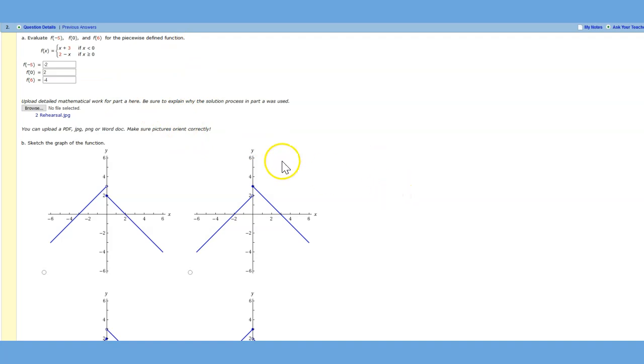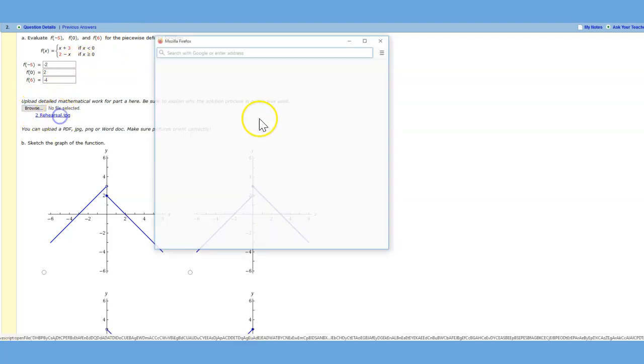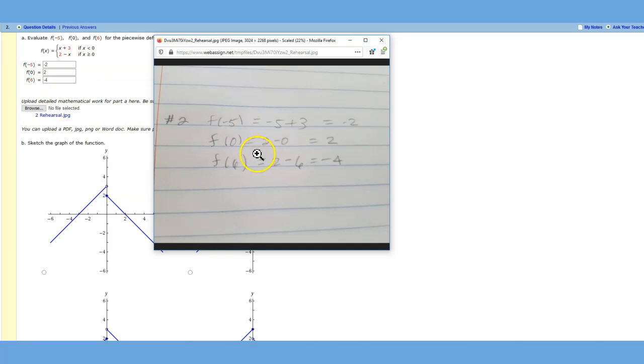Here's another example where you're supposed to enter some numerical values. You're supposed to evaluate the function. This shows that you understand a piecewise function. And then to justify the work, you would upload how you came up with that. Notice that this justification shows that I know that if the input is -5, I'm using this function.